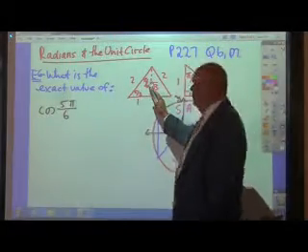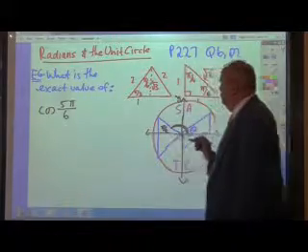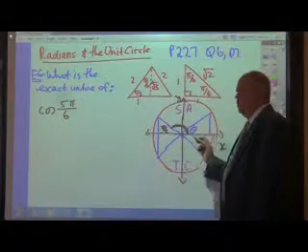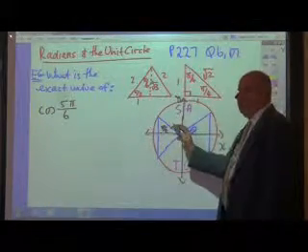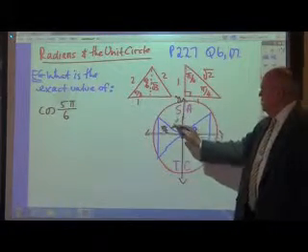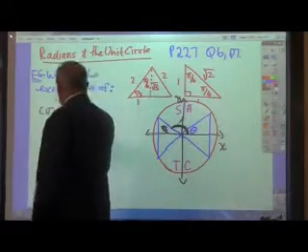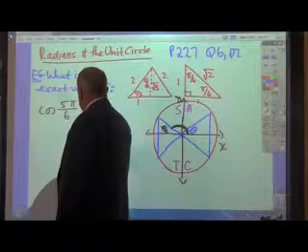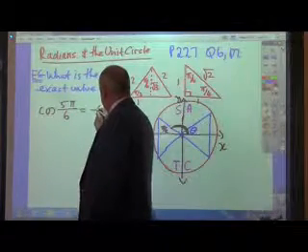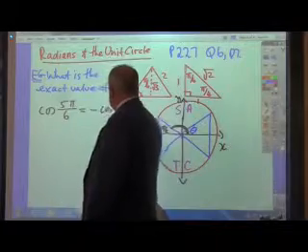It's a half equilateral triangle. The other thing I need to note is whether the cosine ratio is positive or negative in this quadrant. All Stations to Central is telling me the cosine ratio is negative in this quadrant. So what I can conclude is that the cosine of 5 pi on 6 is equal to the negative cosine of pi on 6.